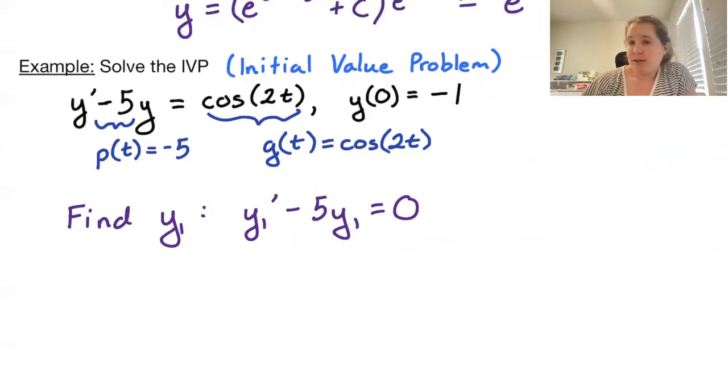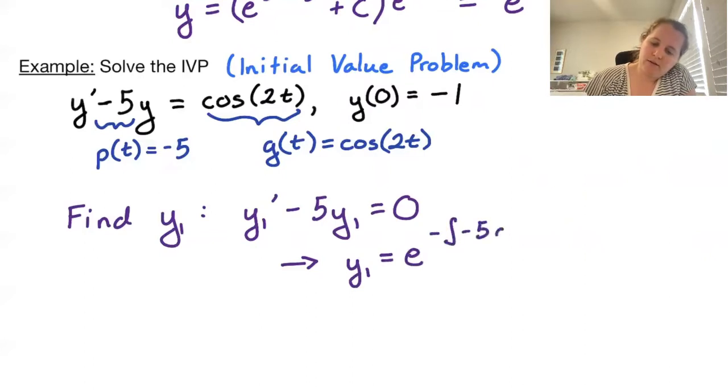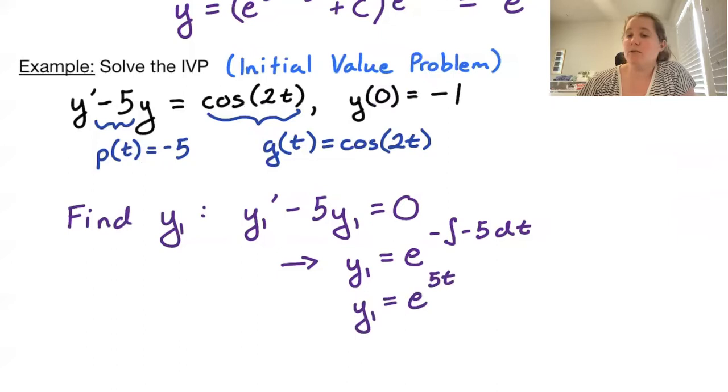You could jump straight to the answer, or you can go somewhere in between. So here we have y1 is equal to e to the negative integral of negative 5 dt, or e to the integral of 5 dt. And we get that y1 is e to the 5t. Again, we don't need to include c, since we just need one solution at this point.